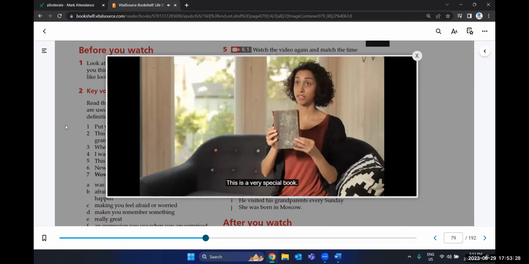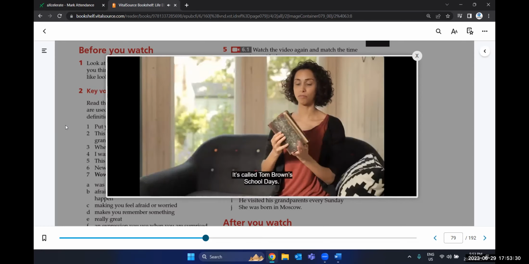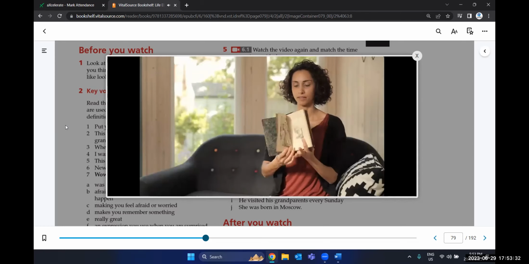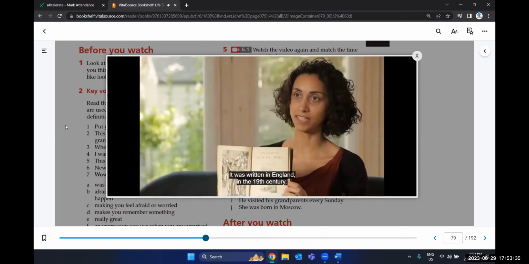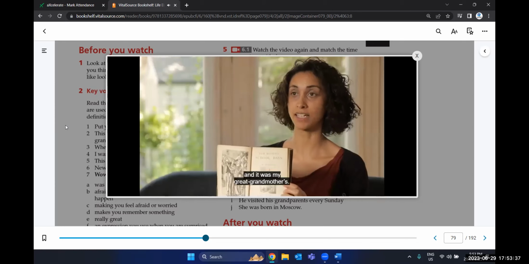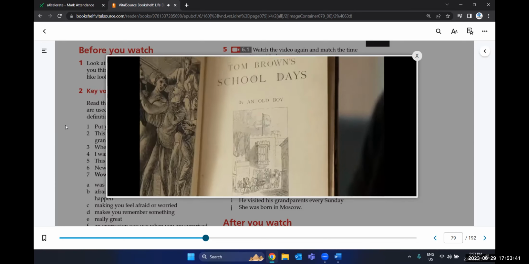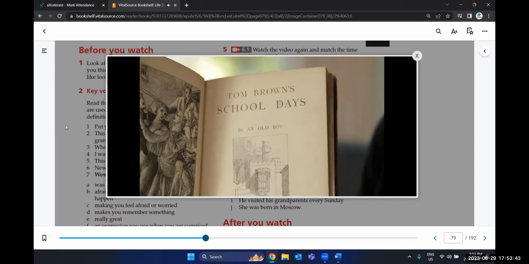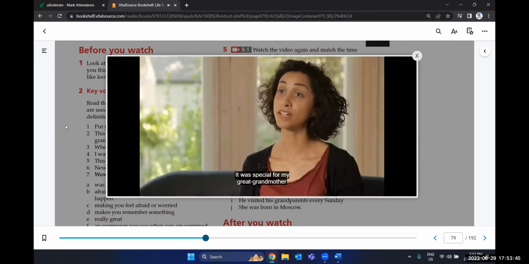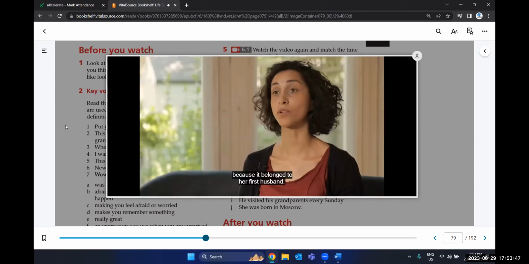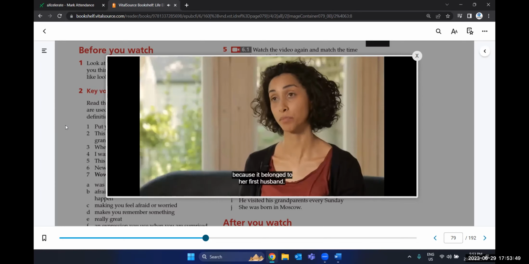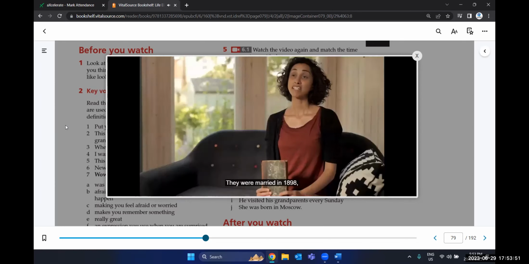This is a very special book. It's called On Around Strawberries. It was written in England in the 19th century, and it was my great-grandmother. It was special for my great-grandmother, who belonged to her first husband. They were married in 1898, but he died in 1901.